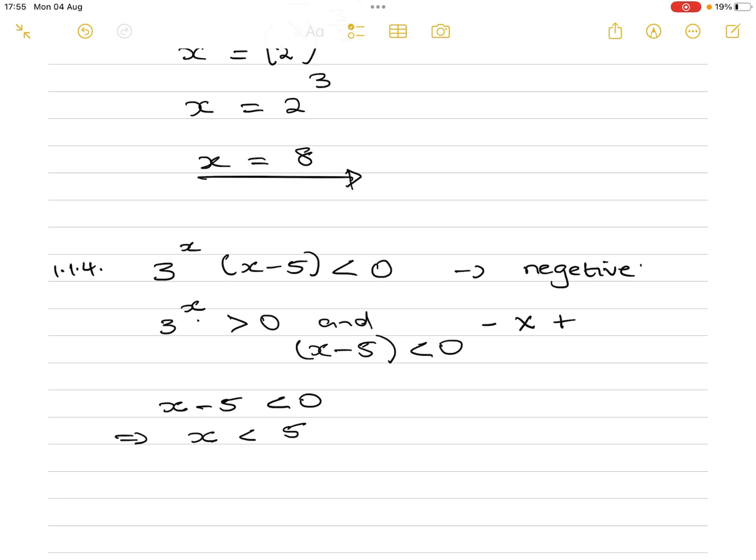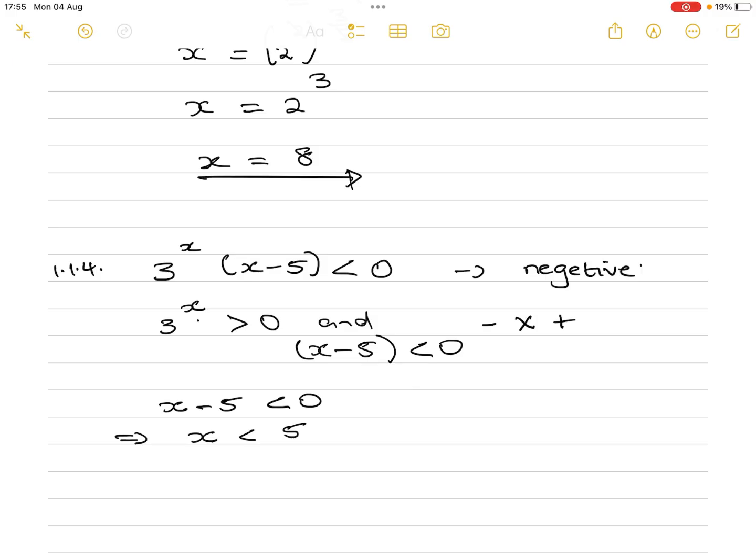By being less than 5, if you take any arbitrary value, even 4.99999, and plug it here, you will get a negative number. And whenever you multiply a negative number with a positive number, that is the only condition whereby you will get a value that is less than 0, or negative.